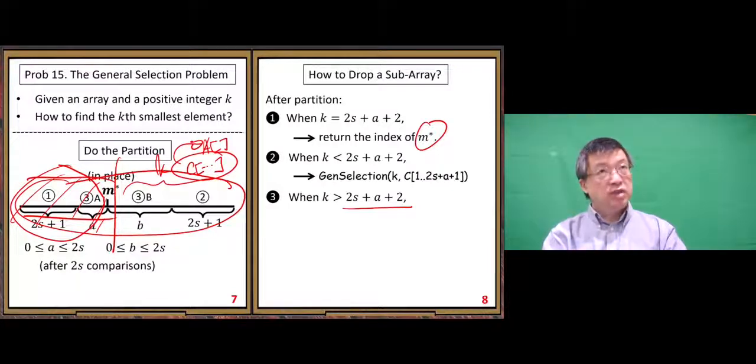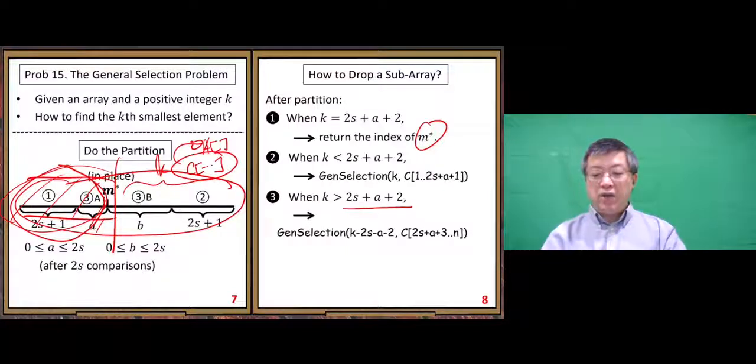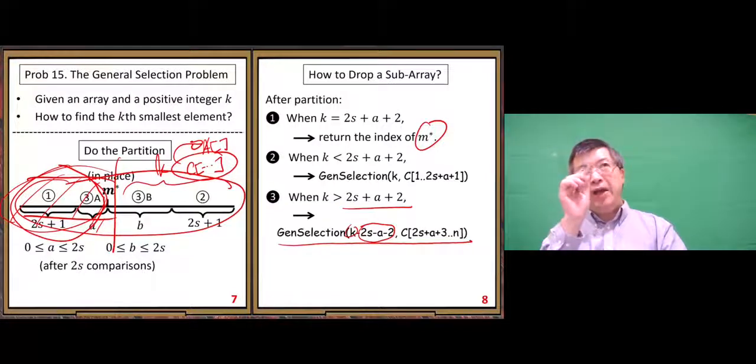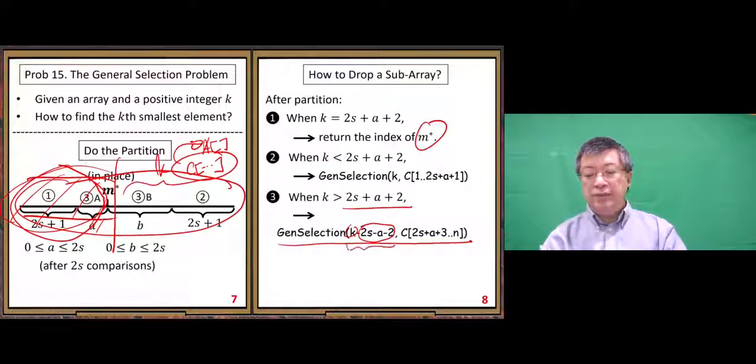We need to subtract all these numbers. So that's why we make our recurrent function call. This time we need to subtract 2S plus 2 plus a plus 2 from k. So that is our new rank number passed to this function. And this time we use that updated C array, but with different indexes.